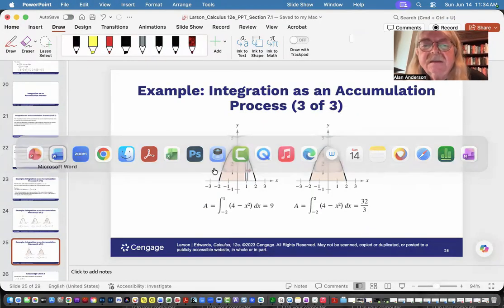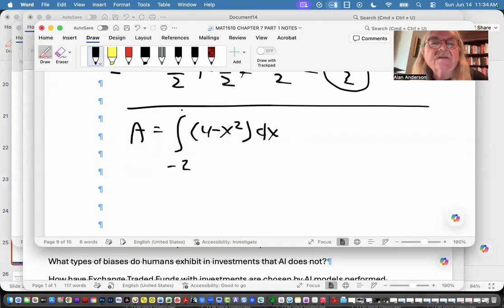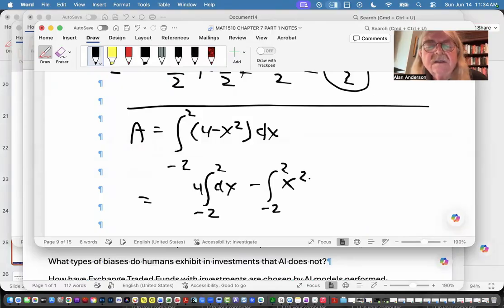So from the range -2 to 2, we certainly know how to do this one.